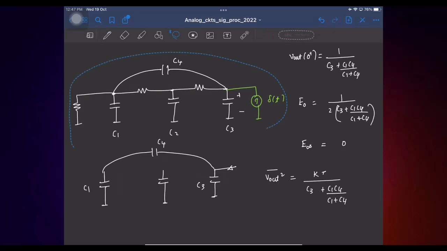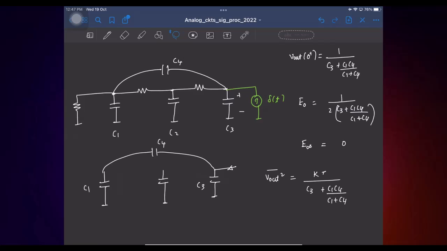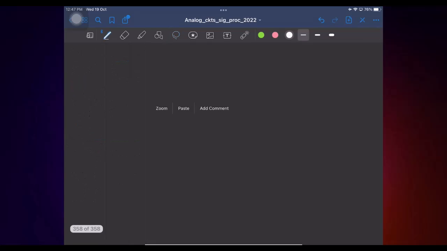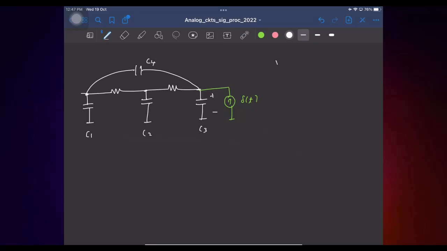Let me do another example. I will remove this resistor. So what is V out of 0 plus?